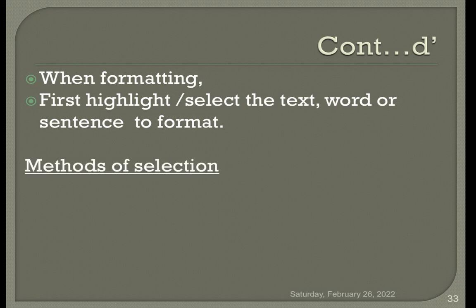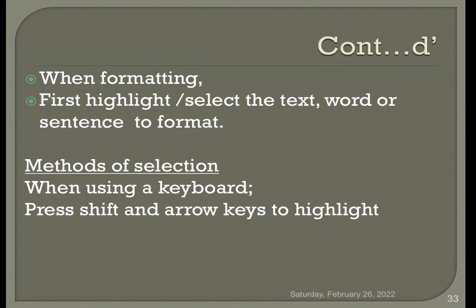Okay, how do you make those selections? We look at different methods. One, we can use the keyboard. When using the keyboard, press down the shift key and then the arrow keys to highlight. In other words, first click where you want to select from.